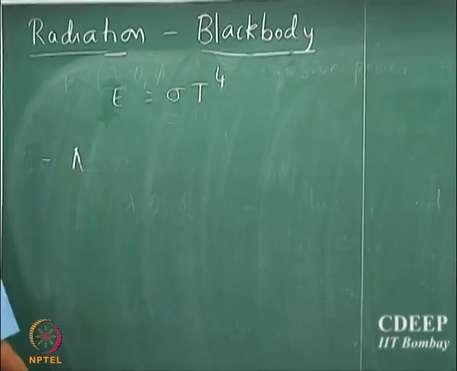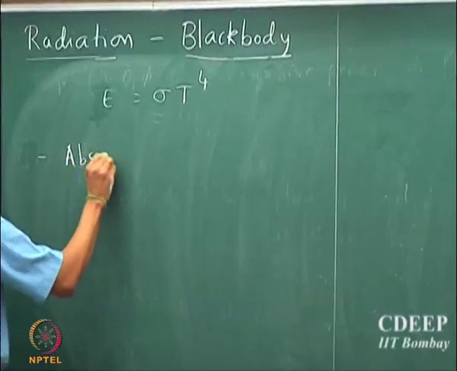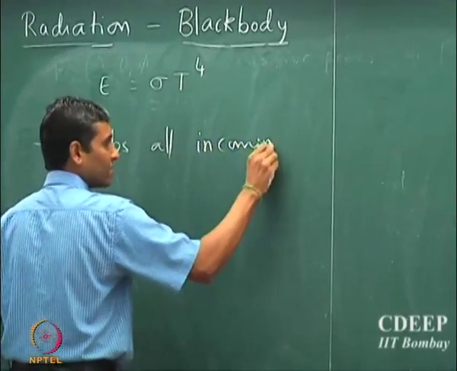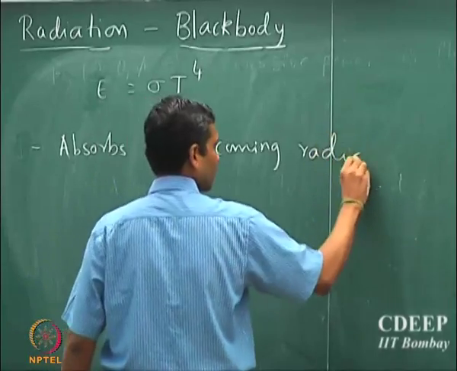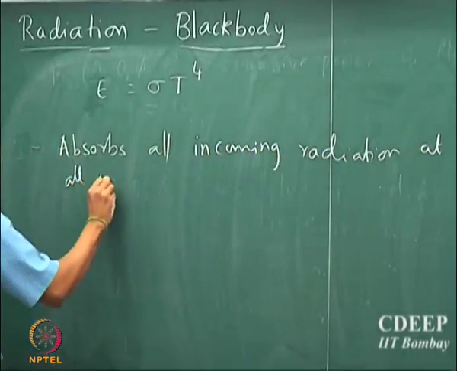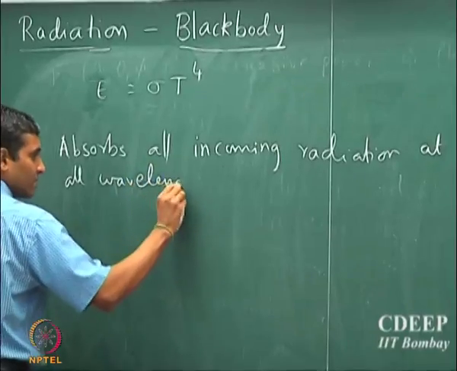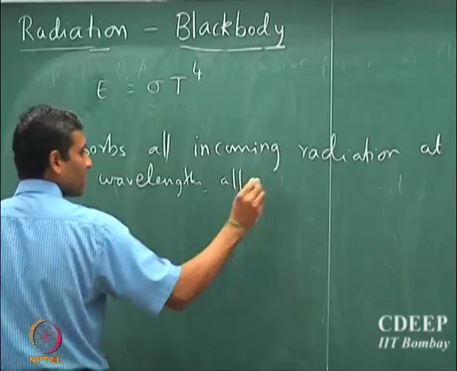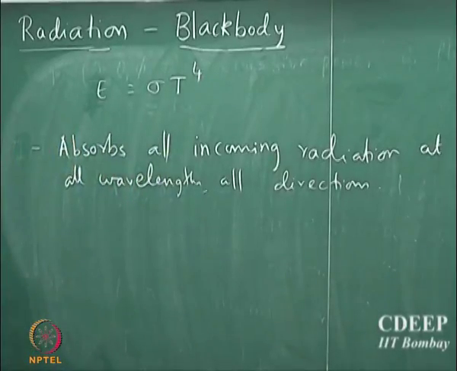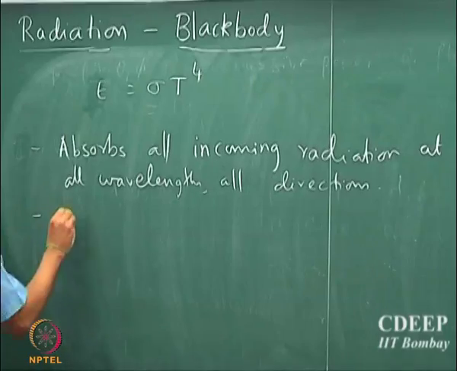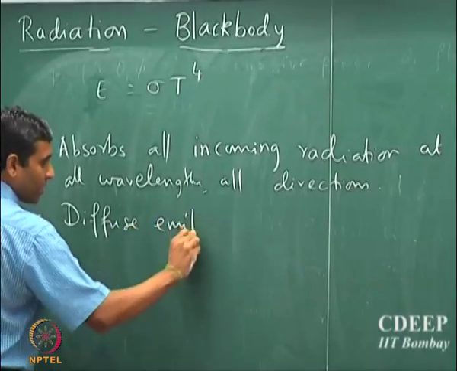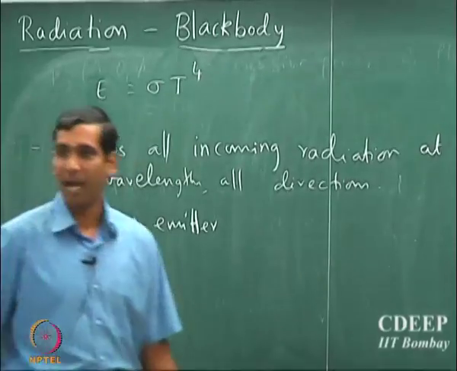It absorbs all incoming radiation at all wavelengths and all angles, all directions. That's the first property. The second property is that it's a diffuse emitter. That's the second property of blackbody.